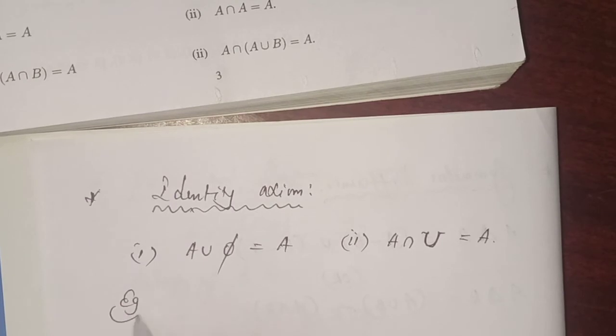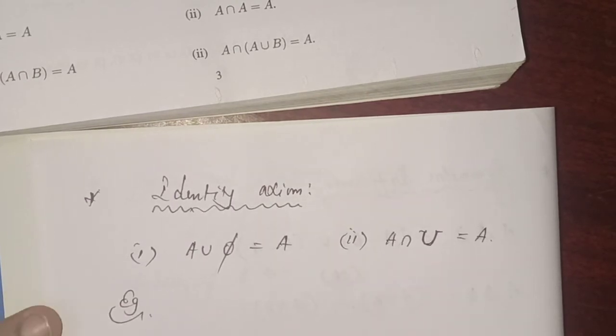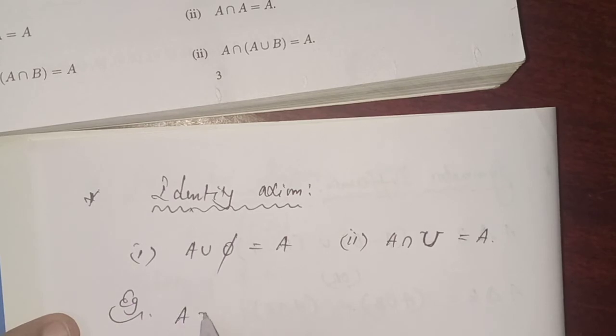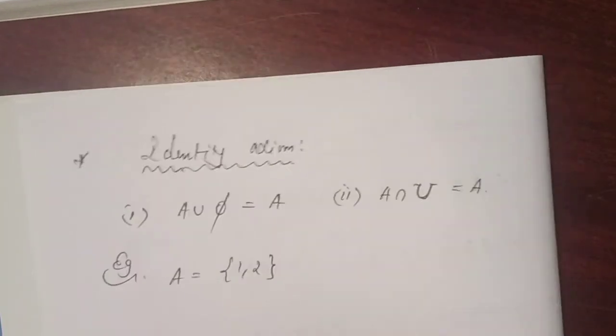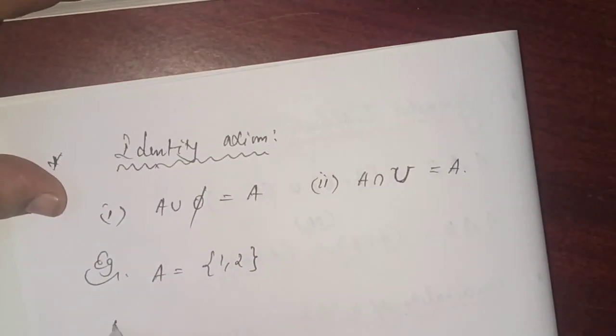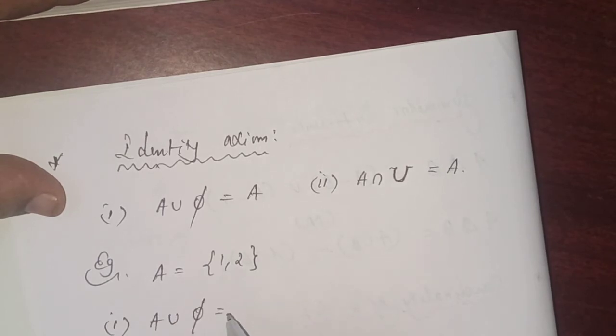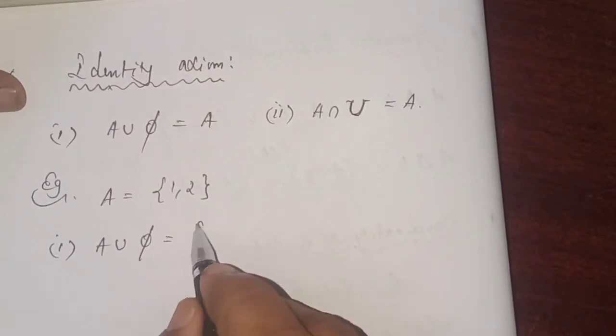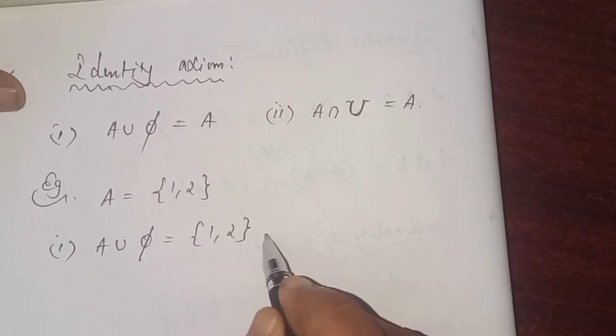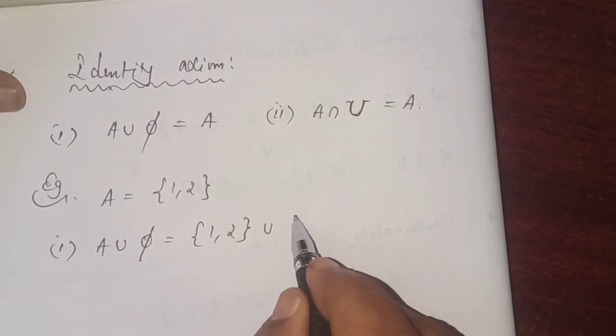I give an example. A is equal to 1 comma 2, I consider. Now I'm going to find the first one, A union empty set. A, that is 1 comma 2, union empty set.